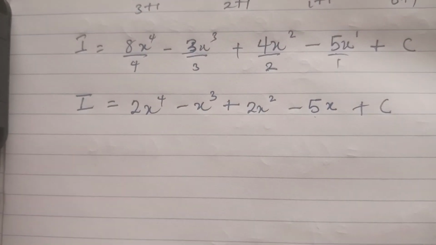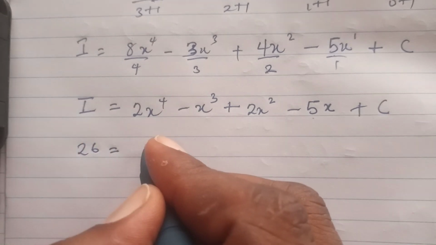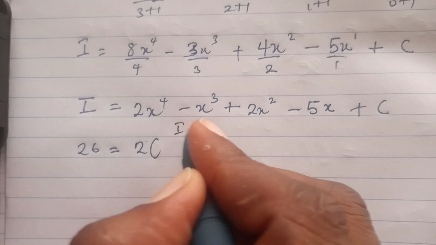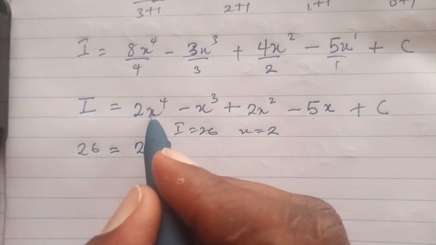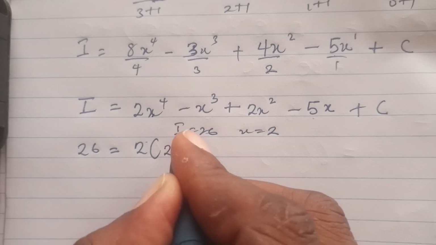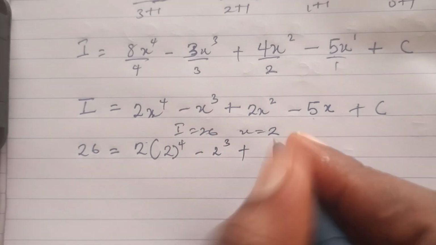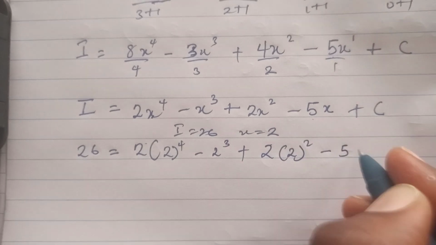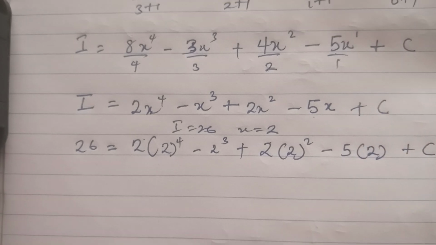We have 26 equals, now they say at x equals 2, so we substitute the value of 2 here. So this will be 2 times 2 raised to power 4, minus 2 raised to power 3, plus 2 times 2 squared, minus 5 times 2, plus c.